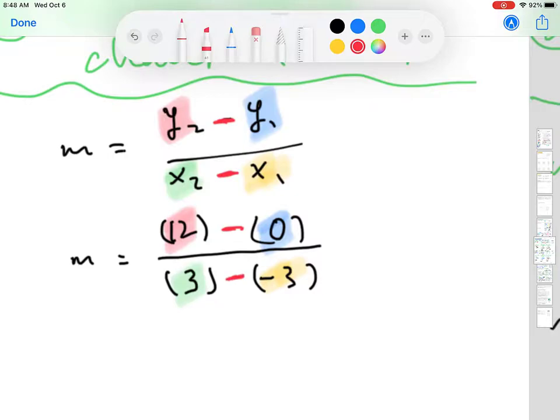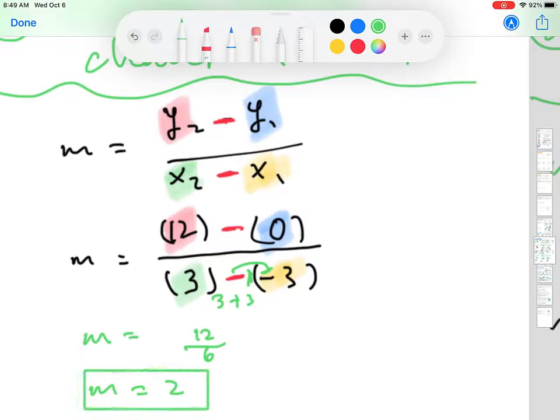That's why I'm highlighting in red so you can kind of visually see it. And now we have m equals 12 minus 0 is 12, and the opposite of -3, or you can think of it as -1 times -3, which becomes +3, so 3 plus 3 is 6. So m equals 2. Our slope, or average rate of change, equals 2.